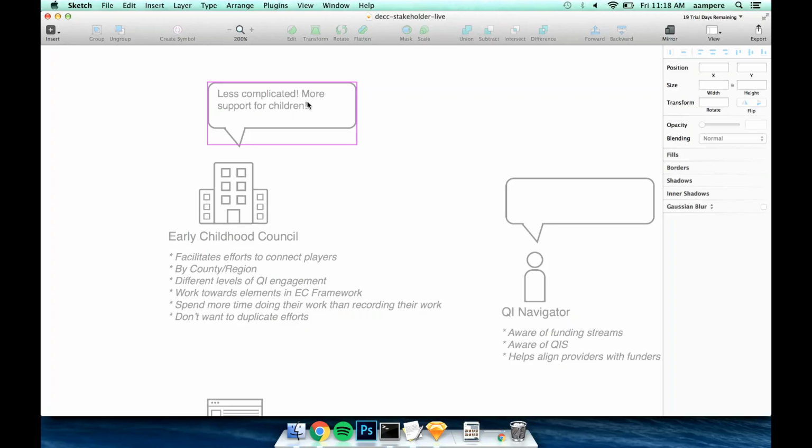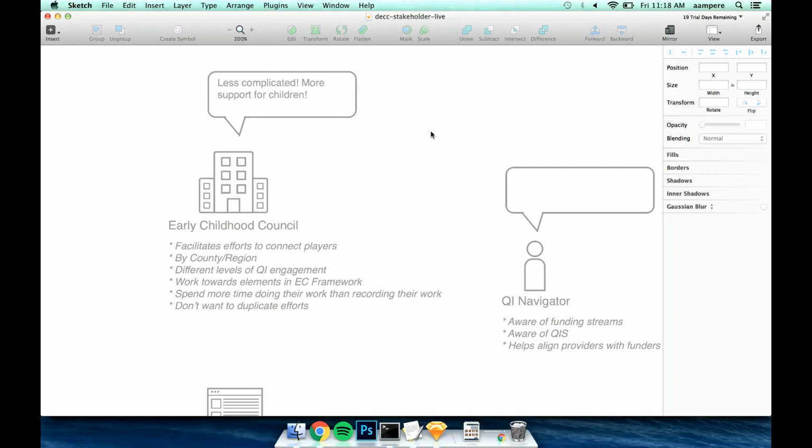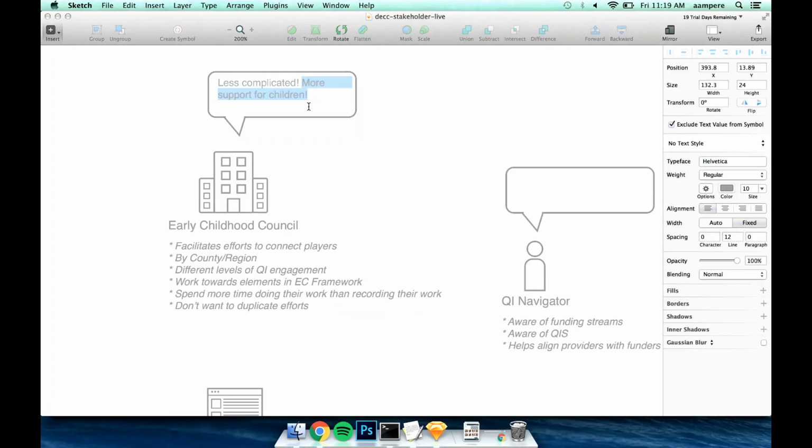I'm wondering if it would be that what we do benefits children and families, instead of more support for children? Yeah, or maybe as a way to expand on that, the goal of our work is to provide better support, education, things for children and families.